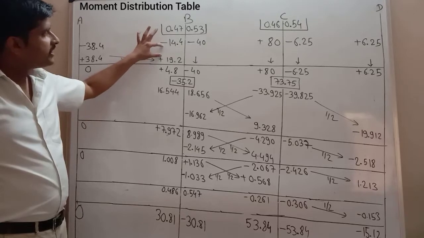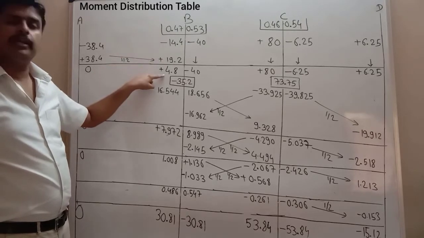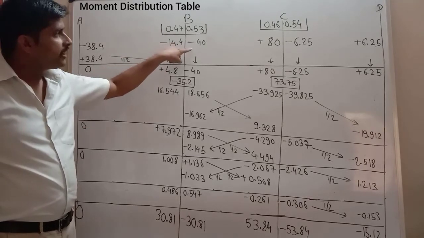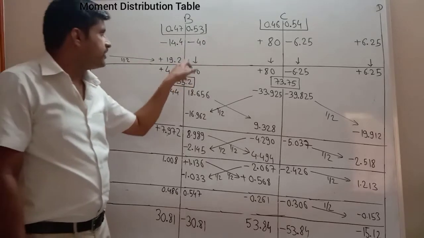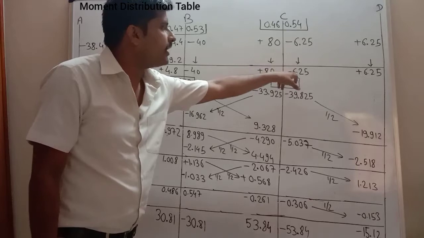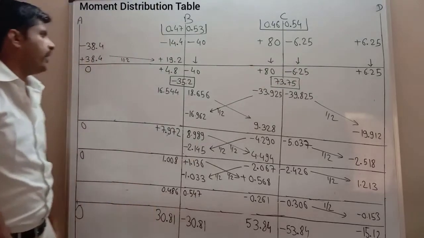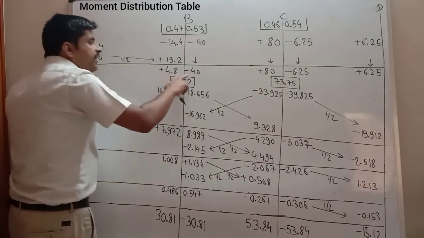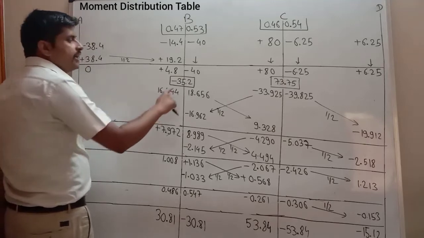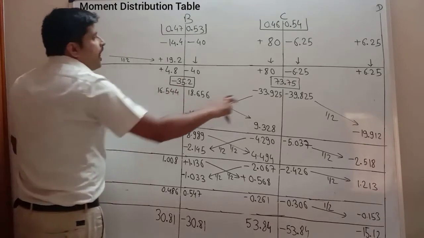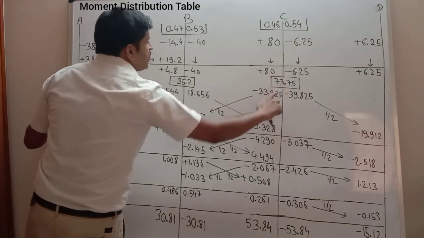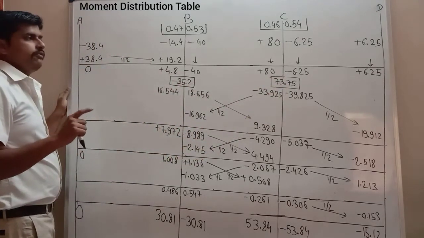Now add these two moments, we will get plus 4.8, and the remaining moments we will write the same, that is minus 40, plus 80, minus 6.25, plus 6.25. Now add these two moments, we will get minus 35.2. Add these two moments, we will get plus 73.75.